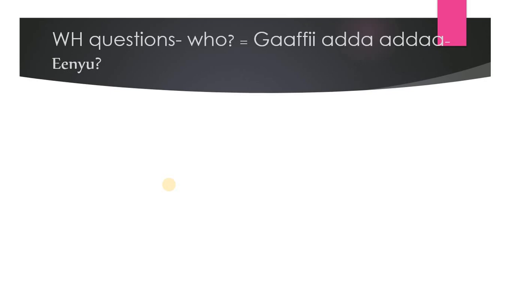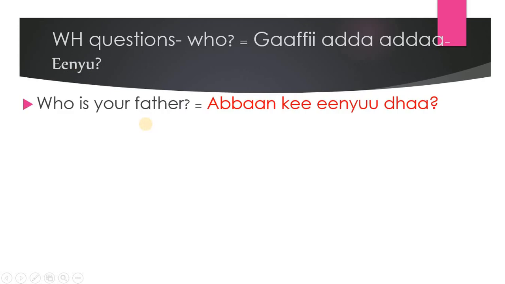Who is another WH question. Who means eenyu. Who is your father? Abbaan kee eenyudha? We can avoid da and say abbaan kee eenyu. That's enough. Or abbaan kee eenyudha.